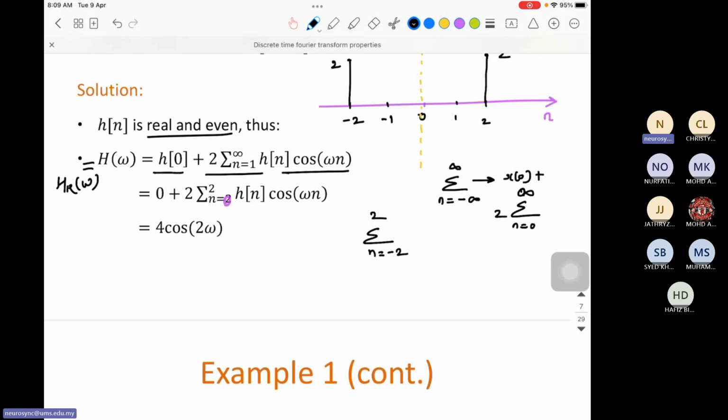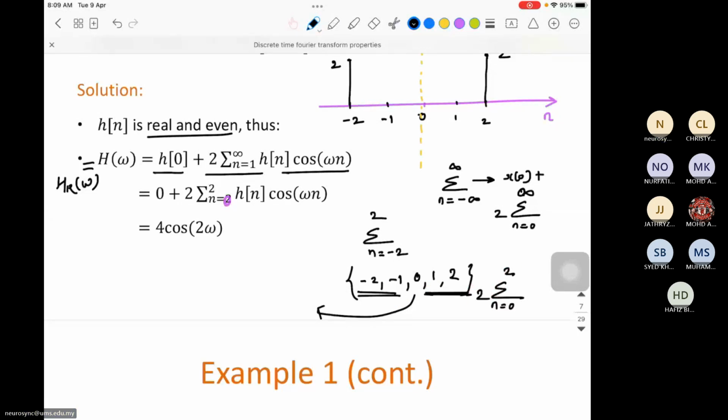So what will come here? n equal to minus 2, minus 1, 0, plus 1 and 2. Correct. Now I take the 0 term outside, and because this is an even function, I will say this is n equal to 0 to 2 but 2 times. Now understood? Yes. Thank you, doctor. So therefore it should be here 0 to 2 and 2 times.